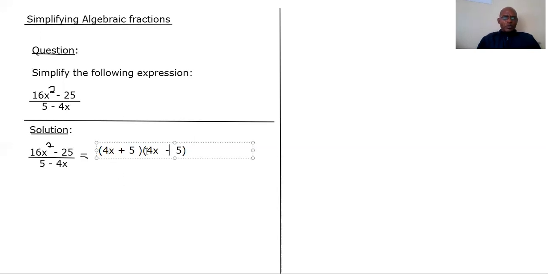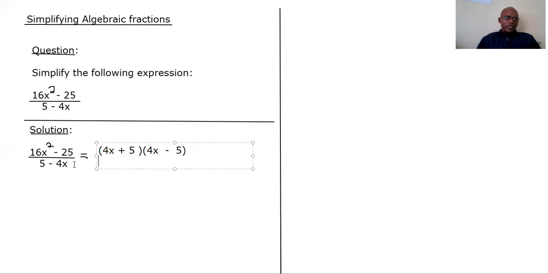So if you expand 4x plus 5 multiplied by 4x minus 5, you go back to the difference of two squares. So that's our numerator. Then we move on to the denominator.